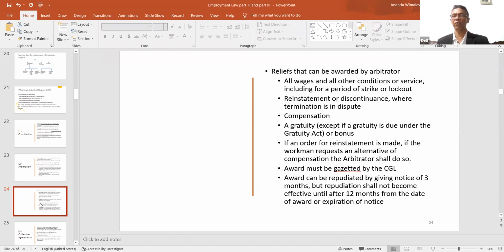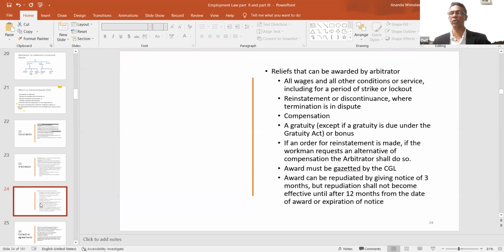I forgot to tell you, I will let you know after this, because what I wanted to tell you is very important. Once a matter is referred to an arbitrator, whether it is compulsory or voluntary arbitration or industrial court, everybody must maintain status quo.